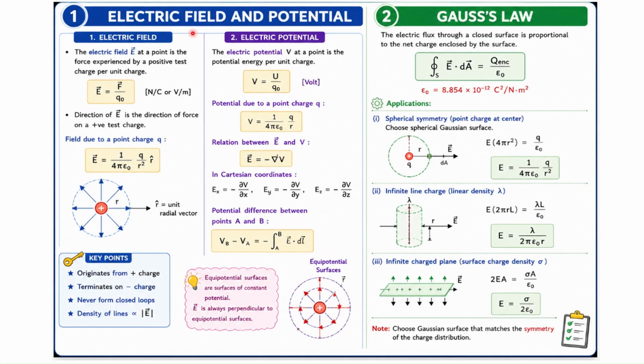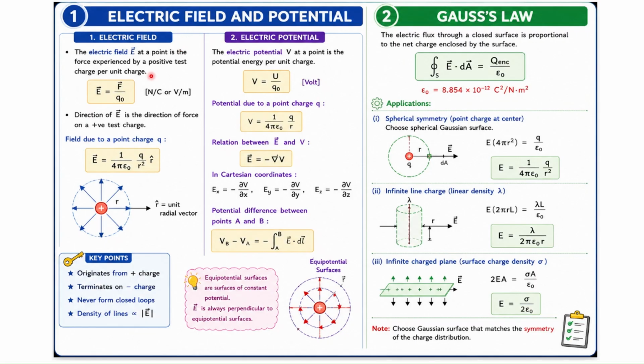You can think of an electric field as a modification of space. Any charge creates electric fields around itself. So if we bring a very small positive test charge Q naught into that space, it experiences a push or a pull.